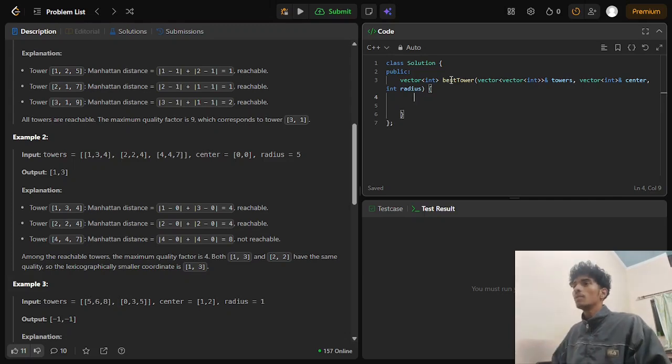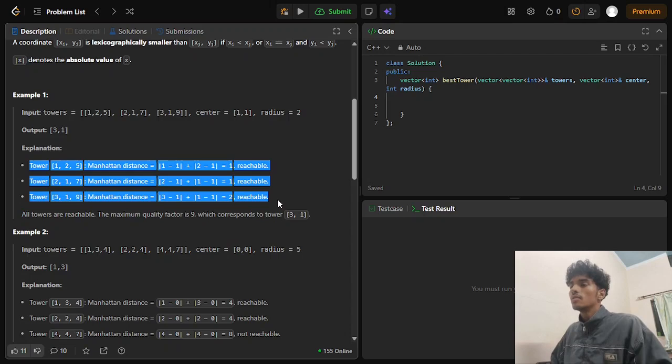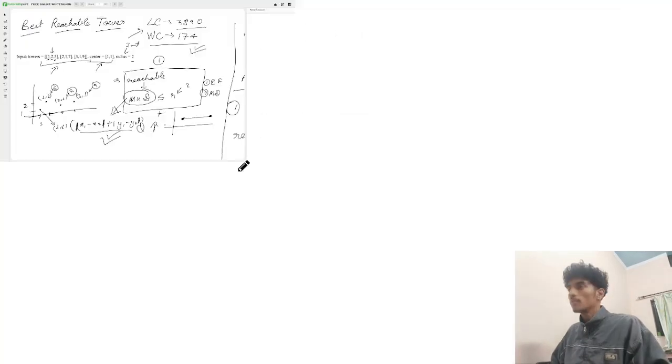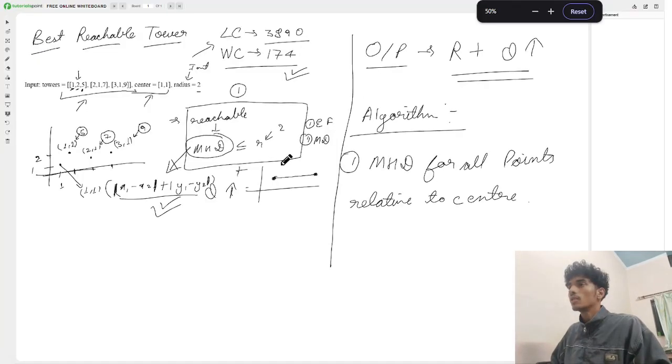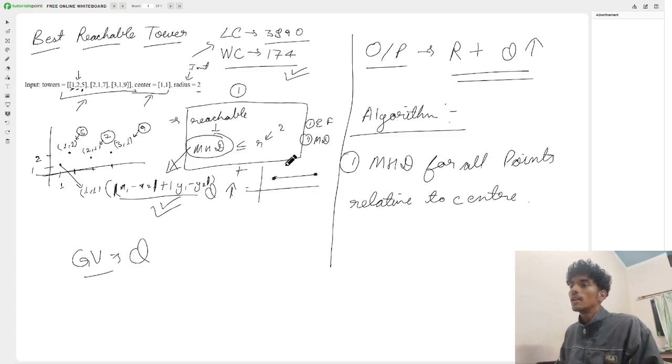First of all, we will be calculating the Manhattan distance for each and every point relative to our center, and when we look for a coordinate which is reachable, we have a global variable which is max quality.